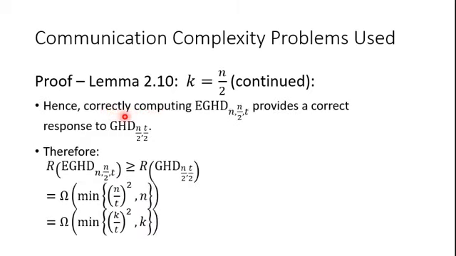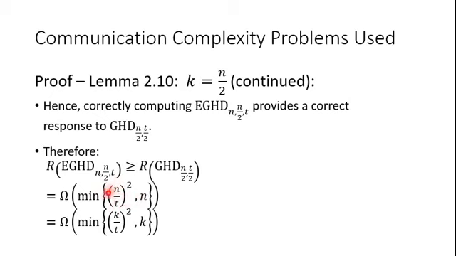So therefore, correctly computing the extended gap Hamming distance with n, t, and k being n divided by 2 gives us a correct response to the gap Hamming distance with parameters divided by 2. So we got that the minimum communication cost of the extended gap Hamming distance with our parameters is at least as costly as the communication cost of the gap Hamming distance with n divided by 2 and t divided by 2, which we saw earlier can be n divided by t squared or n.